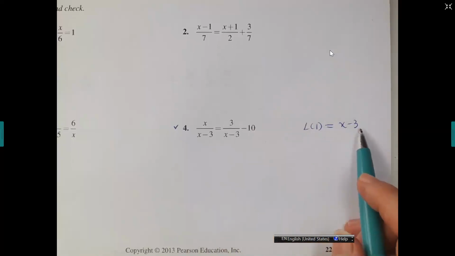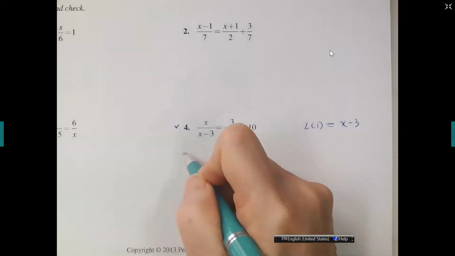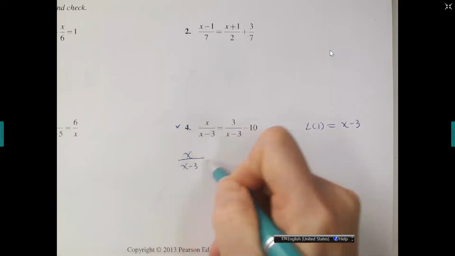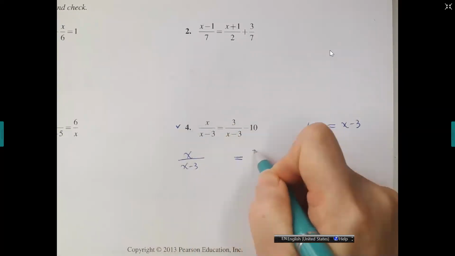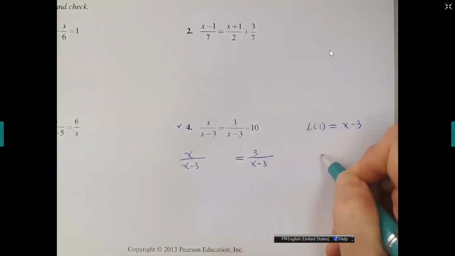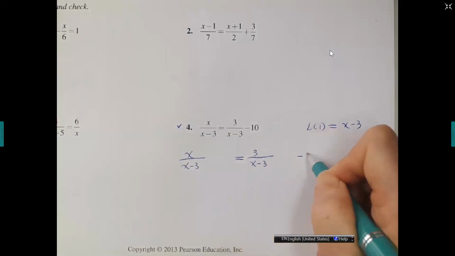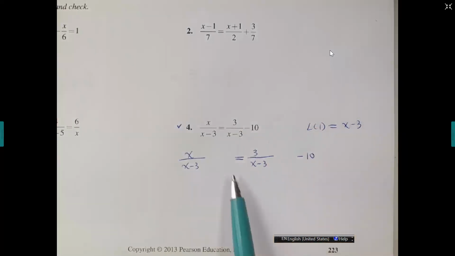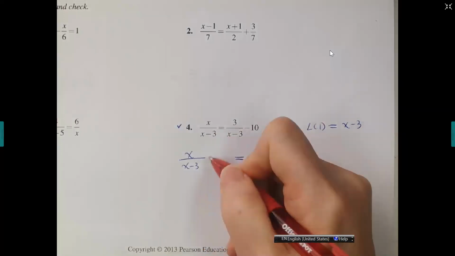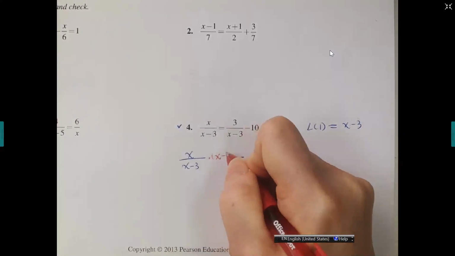Then I will rewrite the equation: x over x - 3 equals 3 over x - 3, leave some space here, minus 10. Same equation. Then I will multiply every term by the LCD. So this one times the LCD.